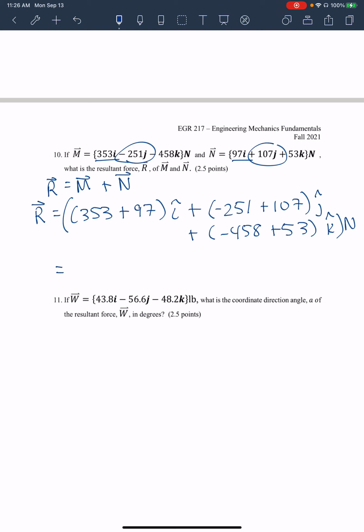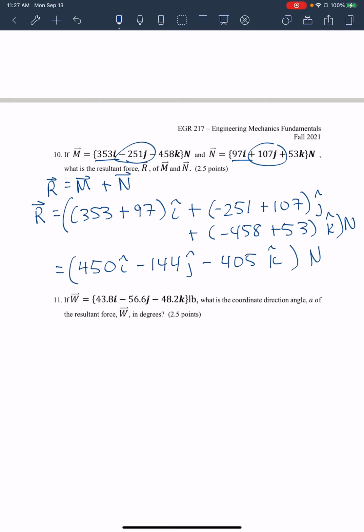Now notice I didn't put the whole thing in there, so you have to be careful when you enter stuff into the calculator. 450I minus 144J minus, let's see, 458, plus 53. So negative 458 plus 53 is negative 405K.